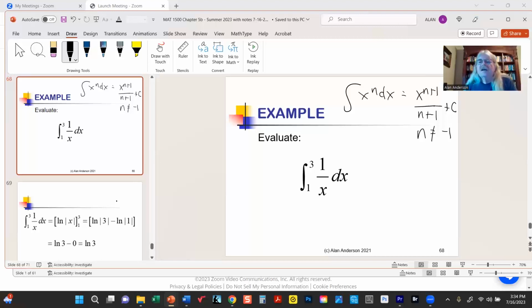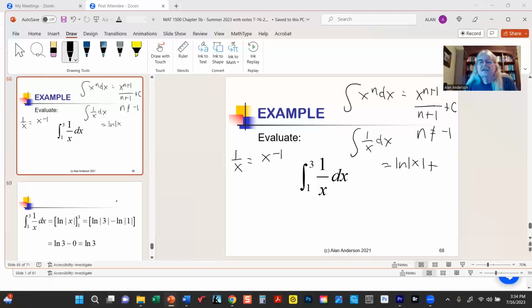But of course here we do have n equals -1, because 1 over x is equal to x to the minus 1. In that case, we have log absolute value of x plus c. All right, and now here, of course, we're interested in the definite integral from 1 to 3. So that would look something like this.